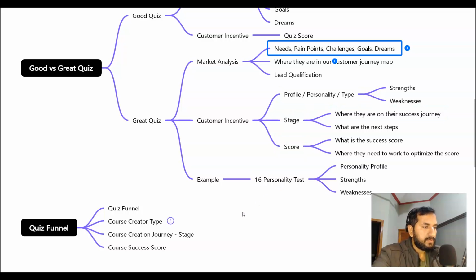Now, I'm going to share with you the live example of the funnel, and then I'll share with you the backend map on how you can set up this funnel for yourself. So let me go back to that funnel and show you how it looks.